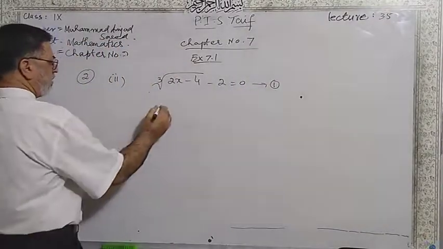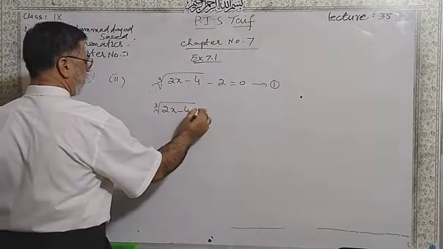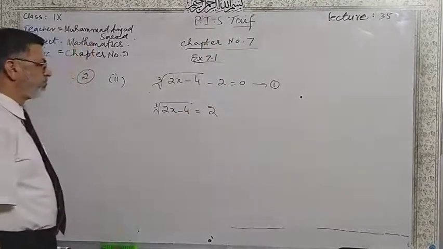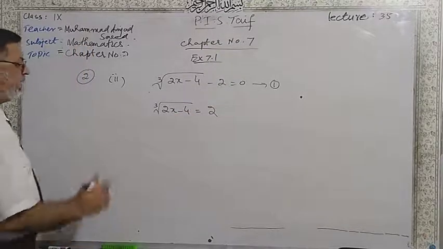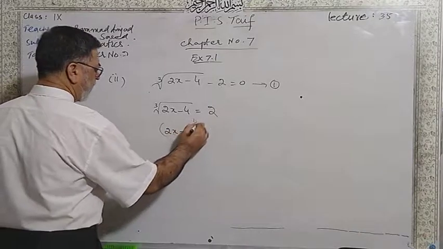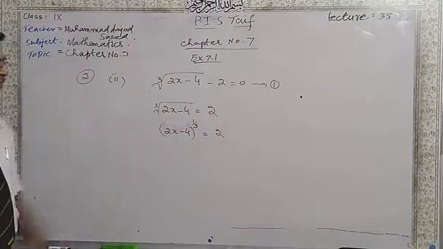First of all, 2x minus 4 cube root, bring this 2 on the other side. Cube root means power 1 over 3. Remember that cube root means 1 over 3.